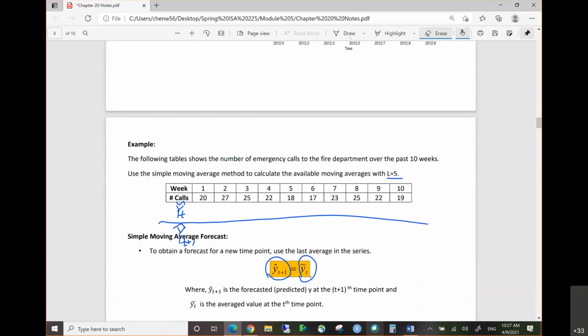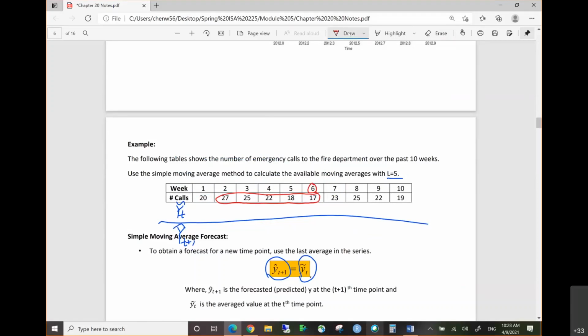For example, to get the estimated value for week 6, I just start with week 6 and take 5 of them in the back. That will be the estimated value.